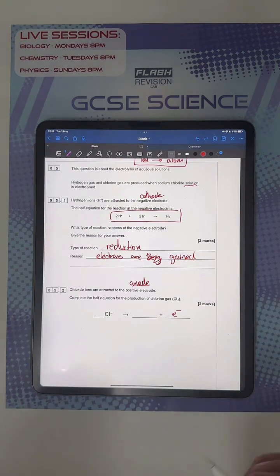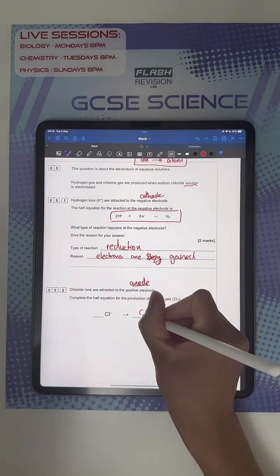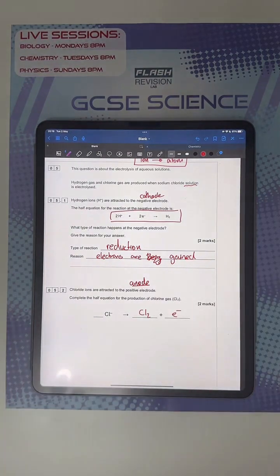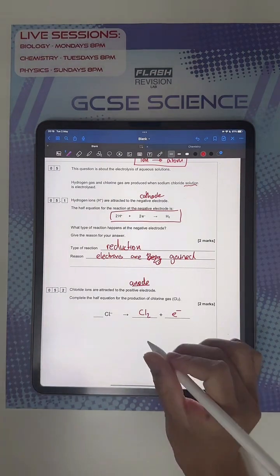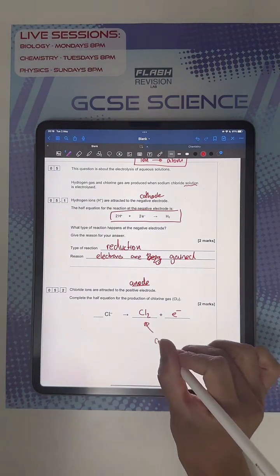Cl2. Good. Why is it Cl2? Why is it not Cl? It's diatomic. Yes, Cl2 is diatomic.